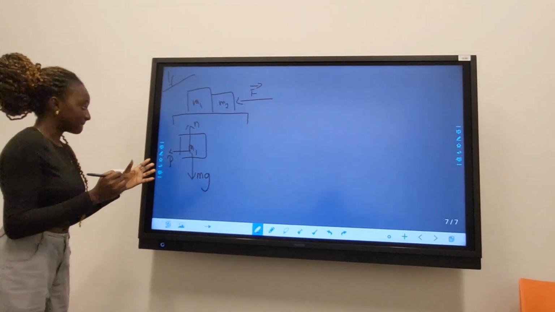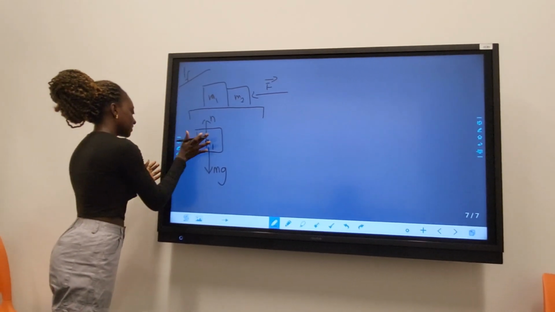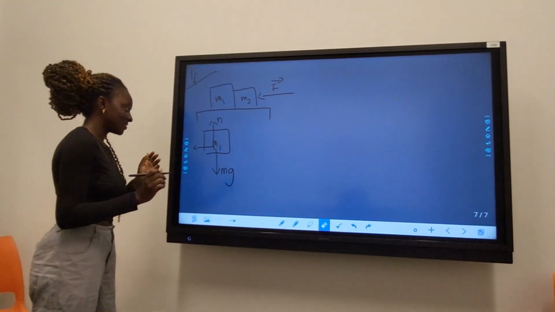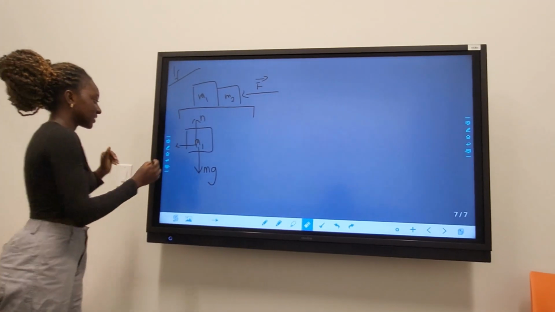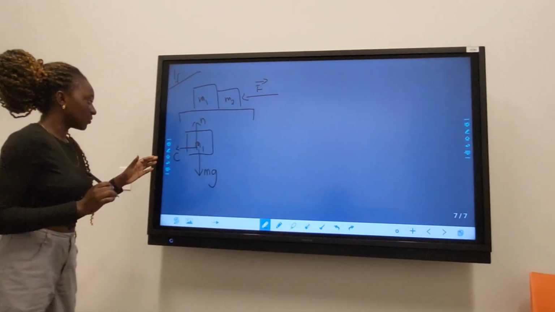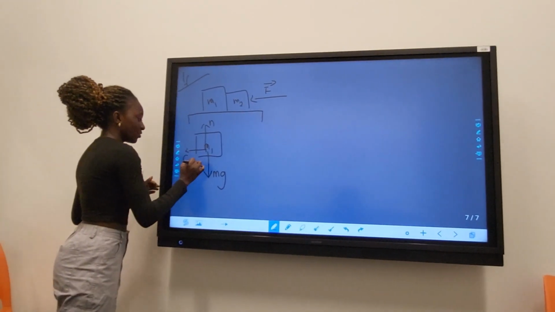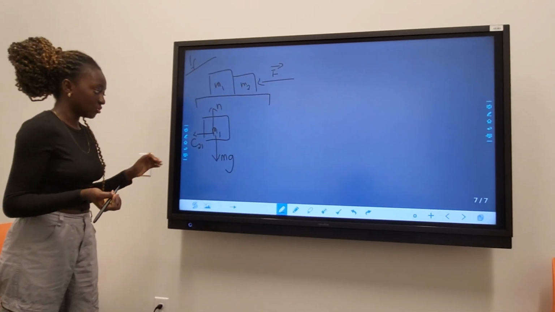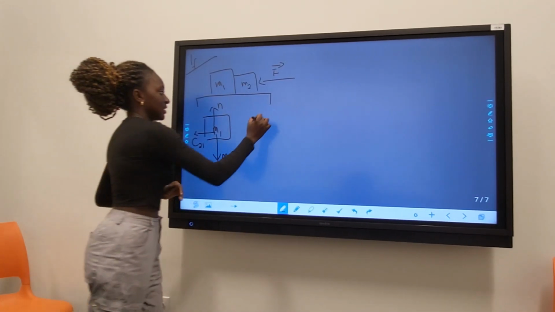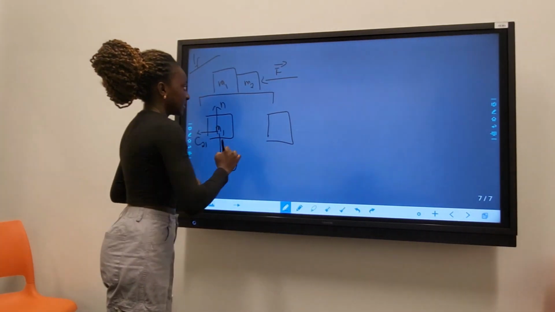So let's denote the contact force for this second scenario as C. That would be the contact force on mass 1 applied by mass 2, so C21.